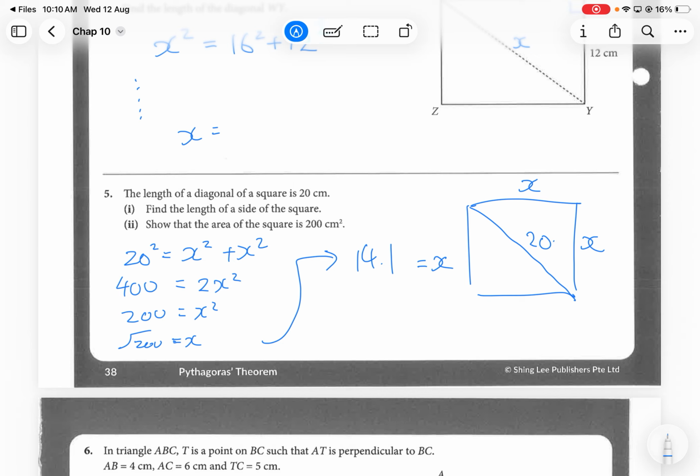Show that the area of the square is 200. The area of the square is x square. Then just now you already found what? X square is 200. Right? You already found it just now.